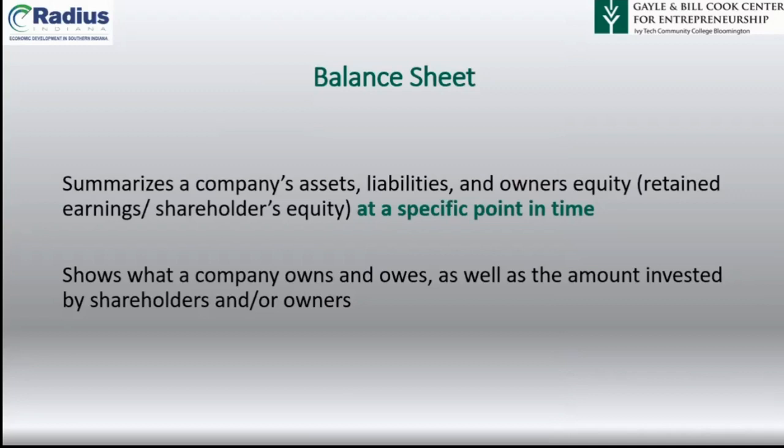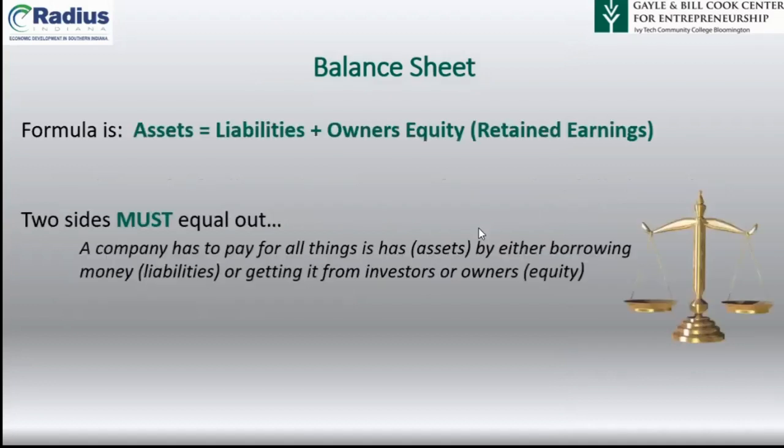Now, a balance sheet shows what a company owns and owes, as well as the amount invested by the shareholders or owners. So let's move on a little bit. The formula for the balance sheet, and this is where the hang-up and the challenge come in, is assets equals liabilities plus owner's equity. And again, owner's equity can be shareholders' equity or retained earnings.